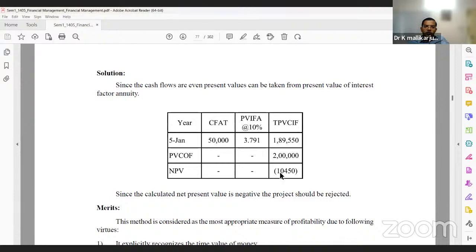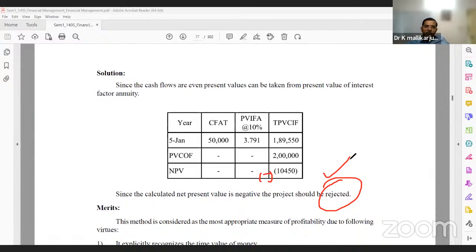This much amount. So it is a negative NPV. It is a negative NPV. We will reject the project. We are not accepting the project. We are rejecting the project as per the NPV method.